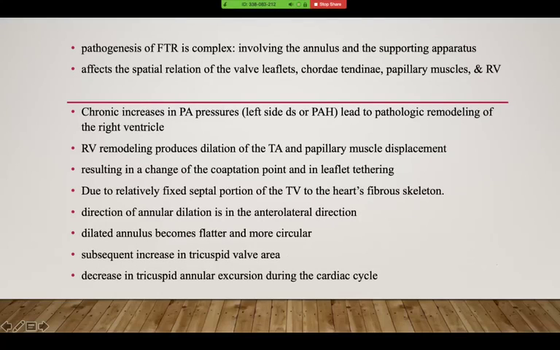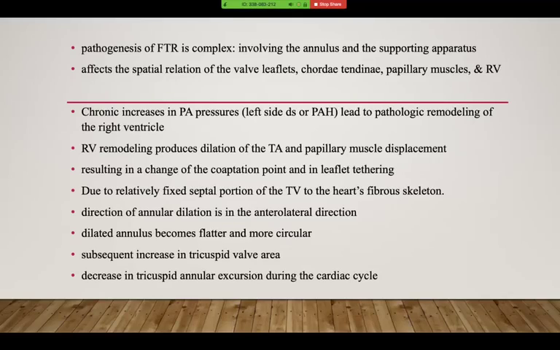So the pathogenesis of functional TR is complex, involving the annulus and the supporting apparatus. It affects the spatial relation of the valve leaflets, chordae tendineae, papillary muscles, and the right ventricle. And the chronic increase in the PA pressures leads to pathologic remodeling of the right ventricle. RV remodeling produces dilation of the tricuspid annulus and papillary muscle displacement, which results in change of the coaptation point and in leaflet tethering.